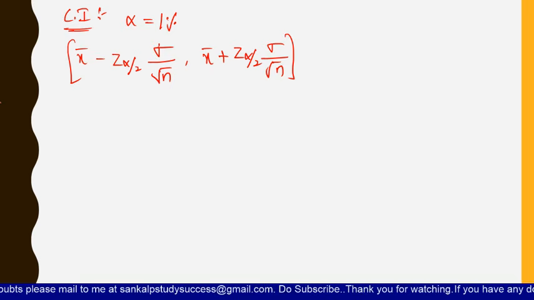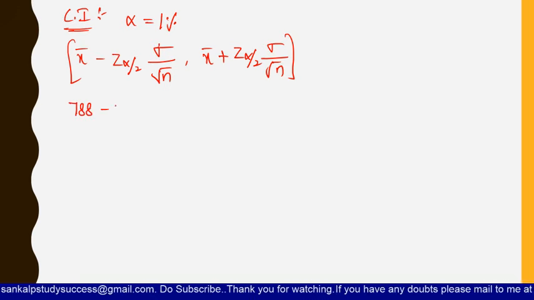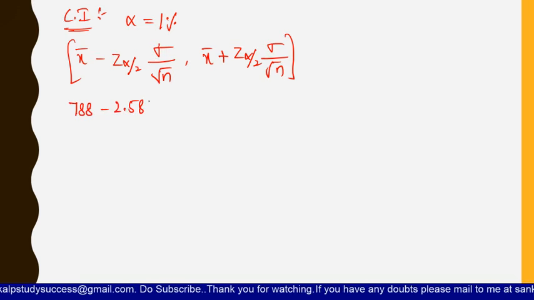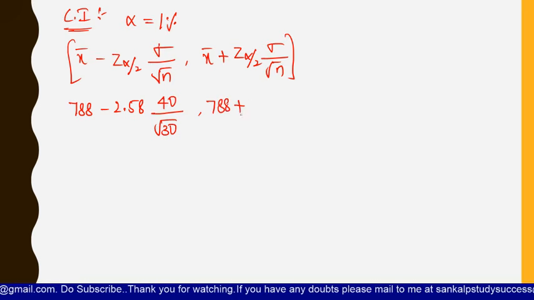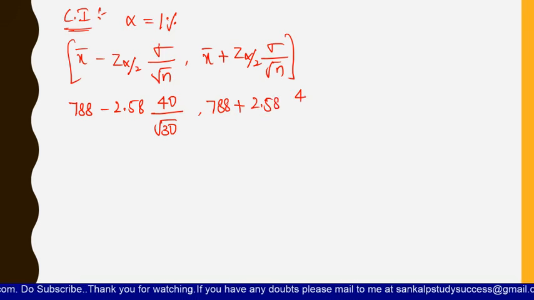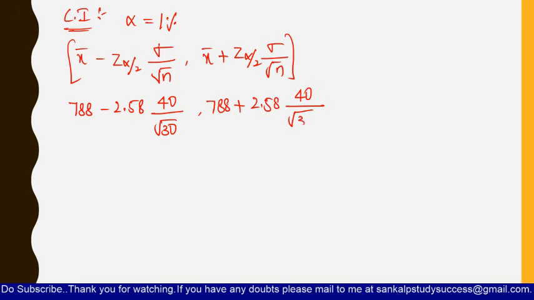So if alpha is equal to 1%, let us substitute all these values, and also Z alpha by 2, it is for level of significance of 1%. That means here x bar is nothing but 788 minus 2.58 into 40 by square root of 30, comma, and the term which has the plus sign, 2.58 into 40 by square root of 30.